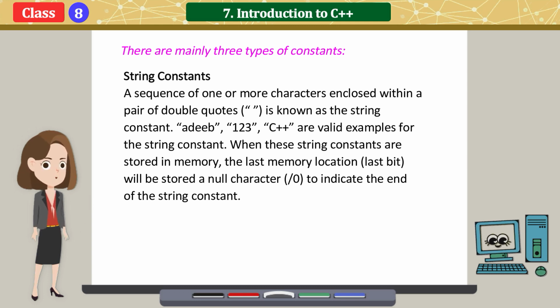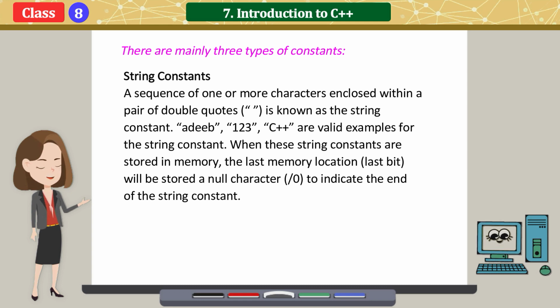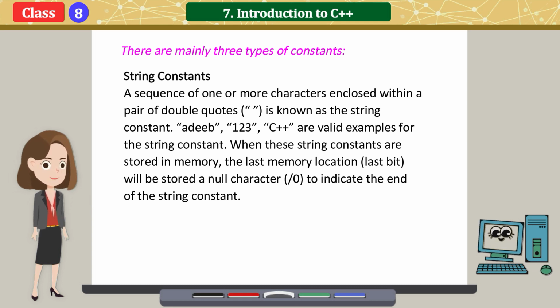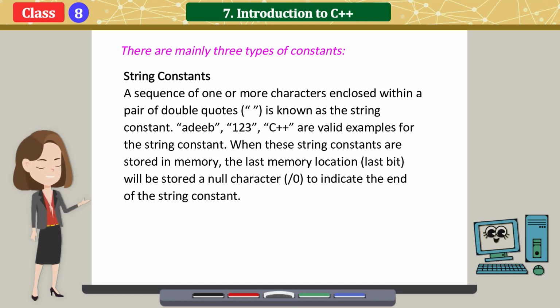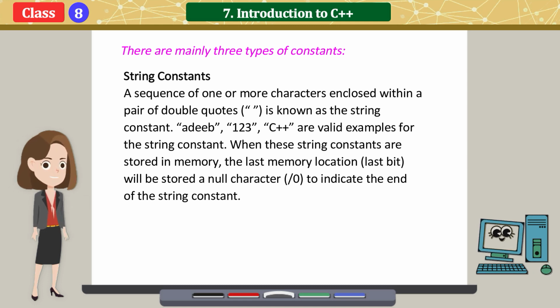A sequence of one or more characters enclosed within a pair of double quotes is known as a string constant. "Adib", "123", "C++" are valid examples of string constants. When these string constants are stored in memory, in the last memory location a null character, \0, is stored to indicate the end of the string constant.